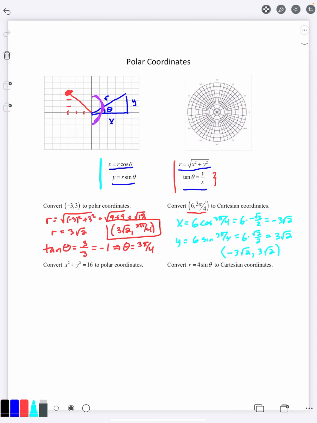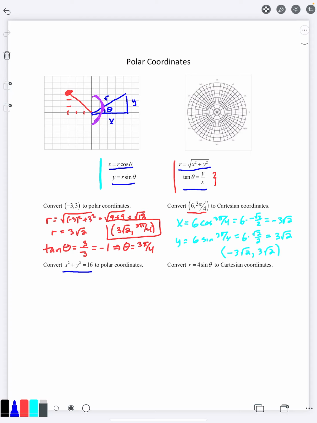So you see you can convert points back and forth, whichever is more convenient for a problem that you might have in the future. But even more than that, we can also convert equations, and this is where things really become important. If you look at x squared plus y squared equals 16, that is not a function, right? If you graph it, you get a circle, it fails the vertical line test, and when you're taking calculus classes, the fact that it's not a function can be a problem.